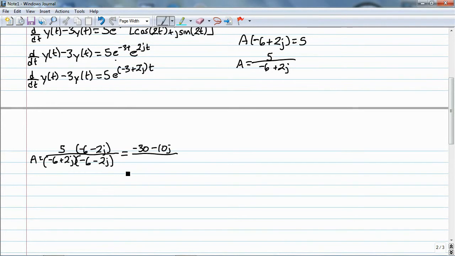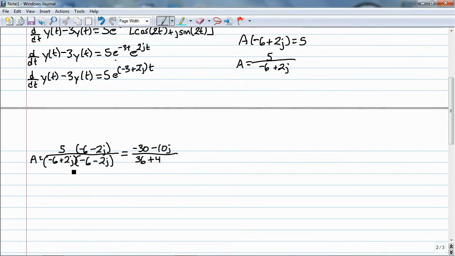Do the bottom. I'm going to simplify this just because we've done it so many times. It's the multiplication of the first terms, the real parts. So that's going to be 36. And then we're going to add the coefficients of the imaginary. We're going to just multiply those two together and add those. So it's going to be plus 4.